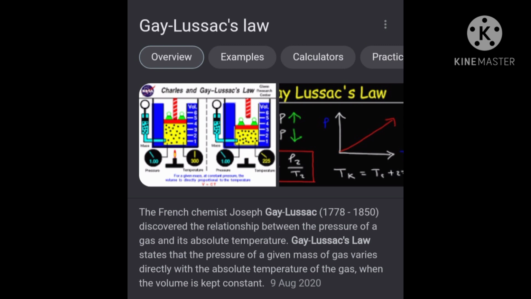Gay-Lussac was a French chemist who discovered the relationship between the pressure of a gas and its absolute temperature. Gay-Lussac's law states that the pressure of a given mass of a gas varies directly with the absolute temperature of the gas when the volume is kept constant.